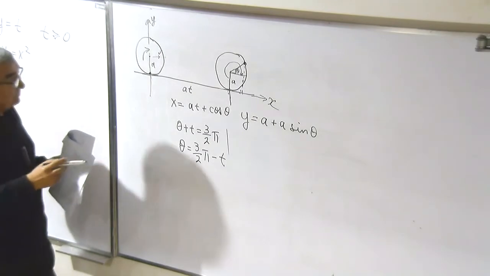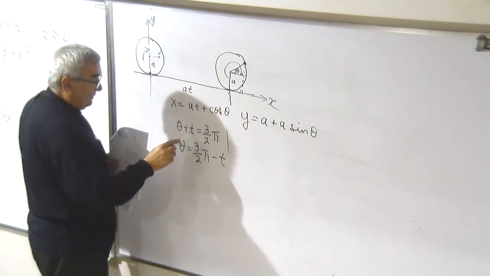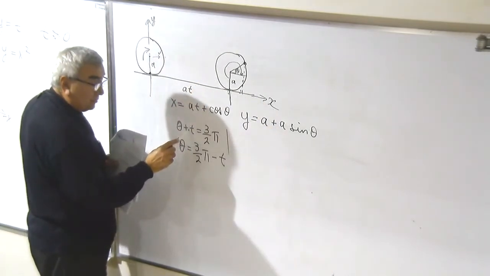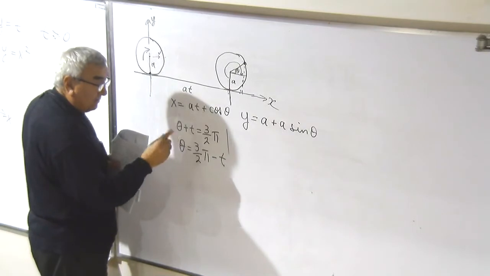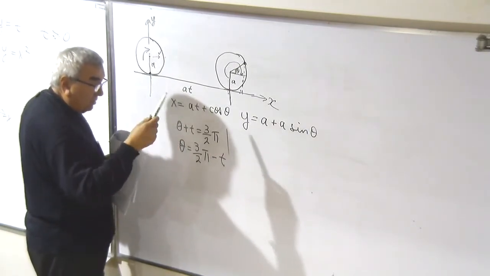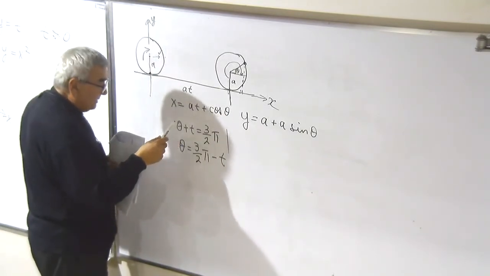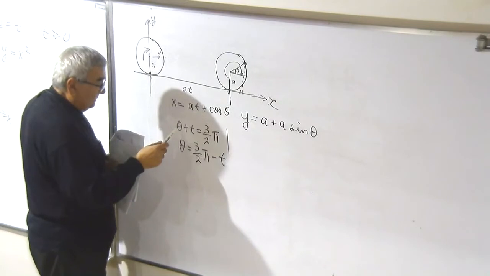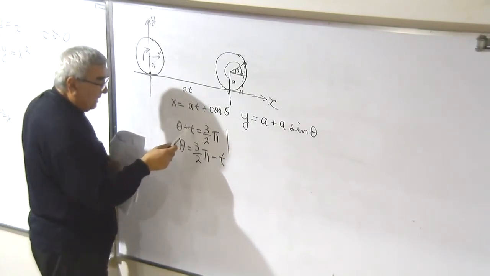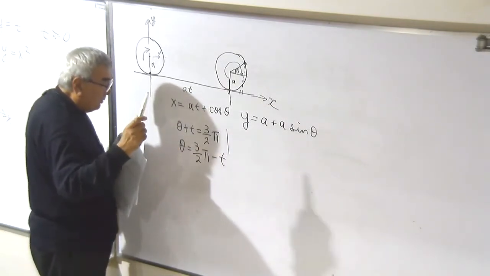Again, angle is time multiplied by angular velocity, but I made this dimensionless, so it is omega multiplied by t, and you take omega equal to 1.